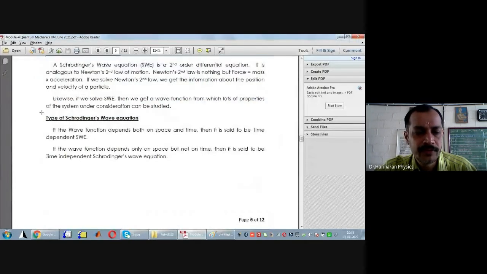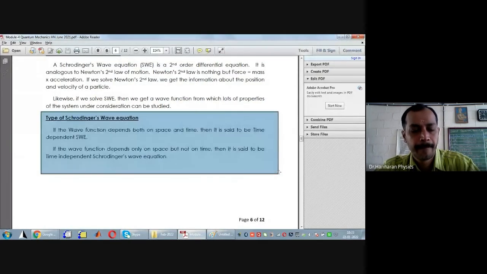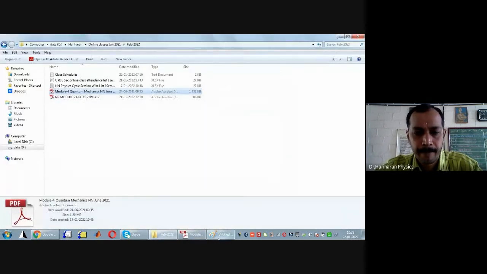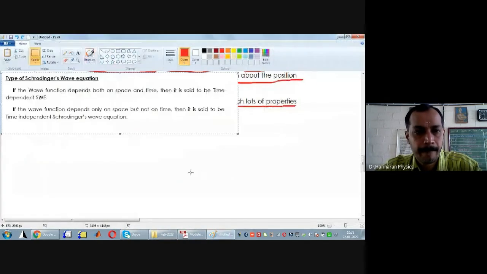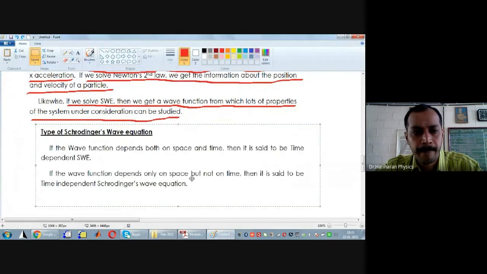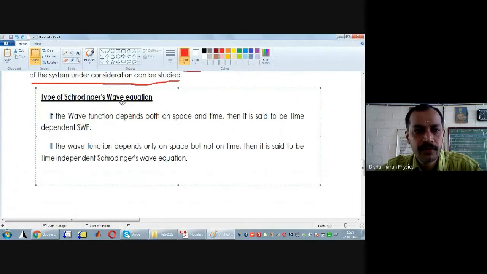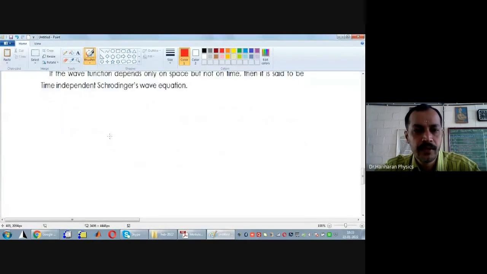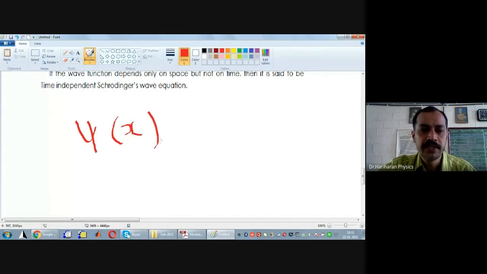Then there are two types of wave functions. Look here, if the wave function depends only on space, then we call this time independent wave equation.